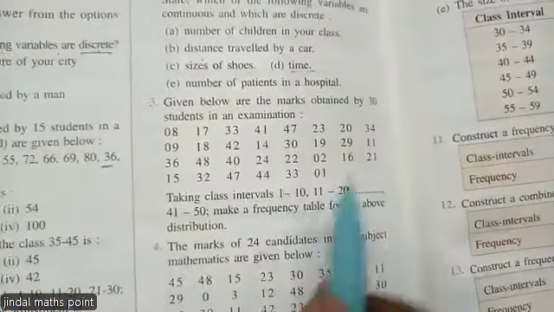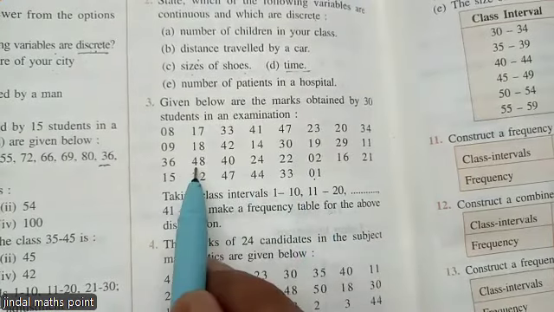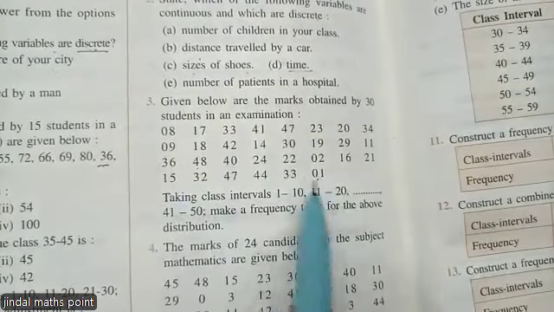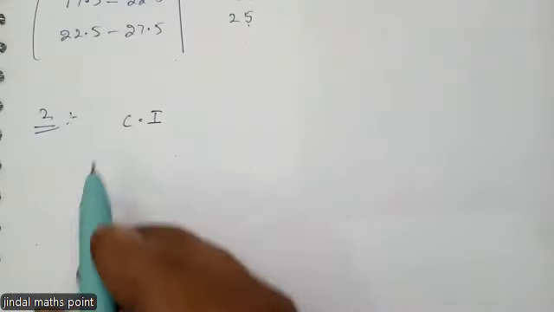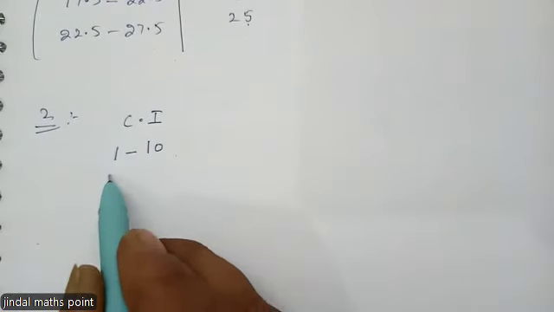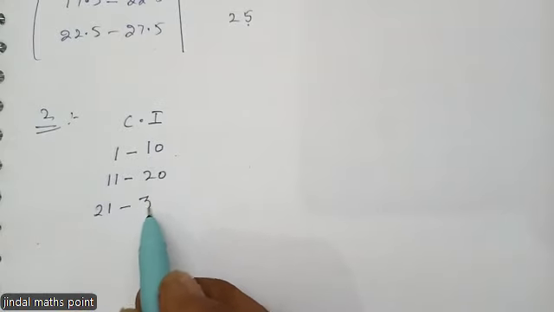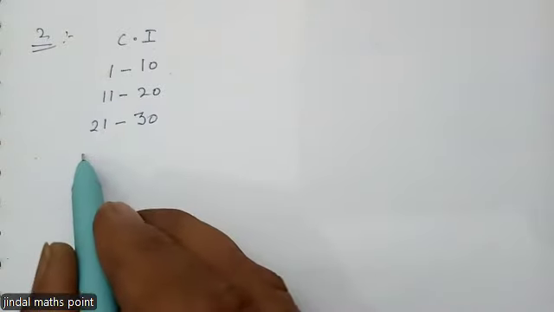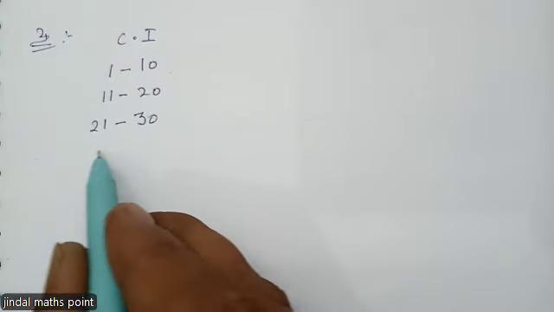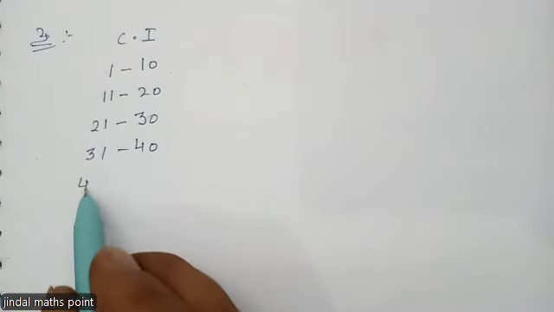The lowest value is 1, and the highest value is 48. No other value is 0. Here we can start with 1 to 10, 11 to 20, 21 to 30, then 31 to 40, and the last we can take as 41 to 50.